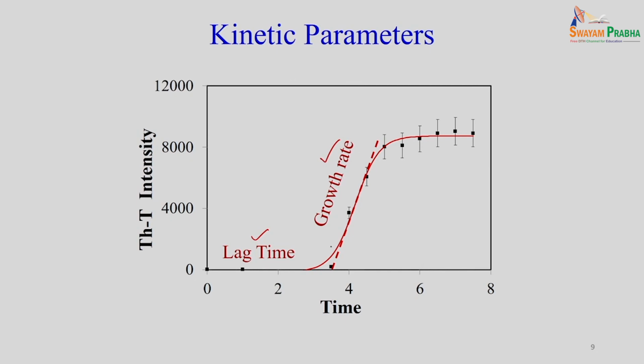One is you directly fit the sigmoidal curve, the Boltzmann equation, or you only consider the elongation phase and fit an exponential expression, or you take the slope during the growth phase. In this, we analyzed this ThT data to calculate the value of lag phase and the rate of aggregation or the growth rate.